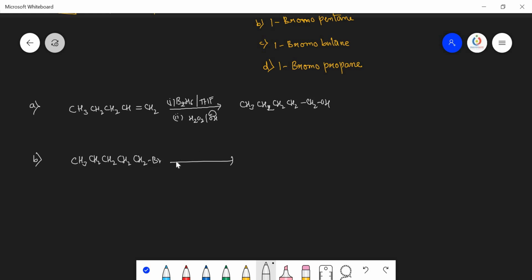To this we just need addition of the nucleophile. You can take aqueous KOH, or in an examination they may mention OH minus in the presence of H2O, both are the same, no problem. So this nucleophile OH minus attacks over here and replaces this bromine, since it is a primary alkyl halide, so that CH3, CH2, CH2, CH2, CH2OH. This is pentan-1-ol.